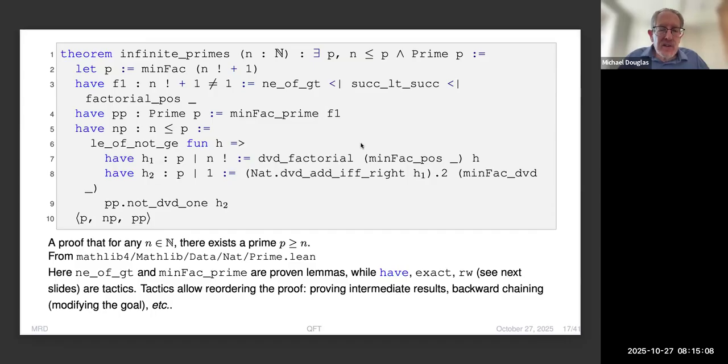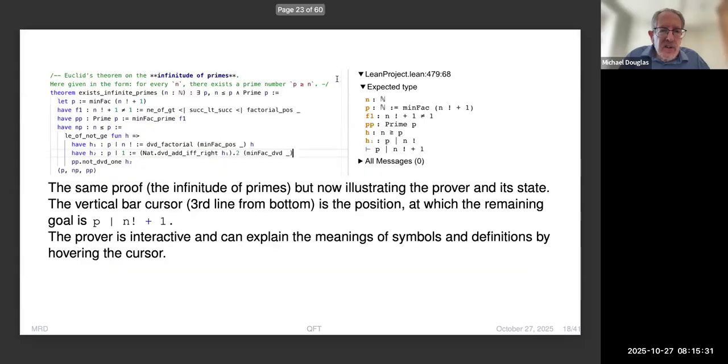Tactics that actually do searches, where you can't bound the amount of time it takes, are discouraged in Lean and generally not used. But once you have figured out how to write it in this form, the proof can be very efficiently verified, and can really express these quantifiers, functions, all these attributes of very general mathematics.